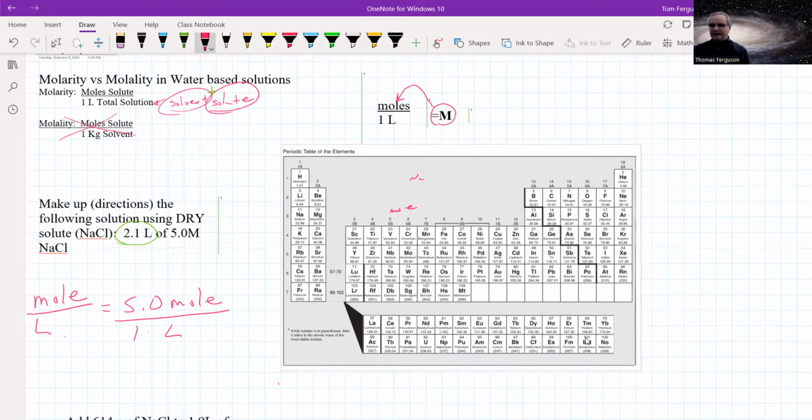Okay. So if we're going to make it up, you need to know how many grams it is. So we need to convert the 5 moles to grams first.